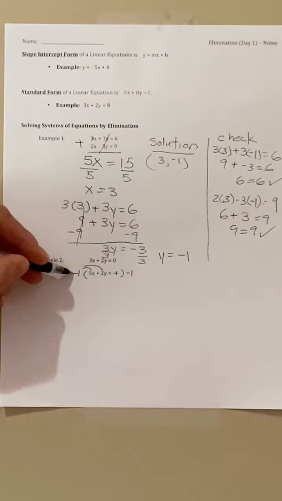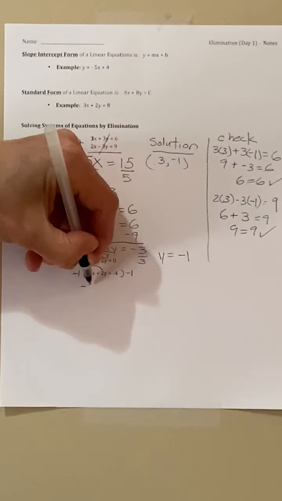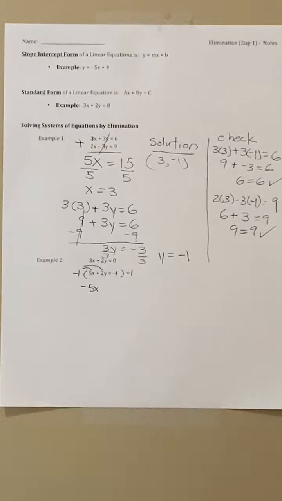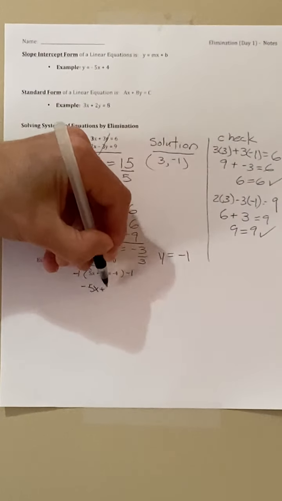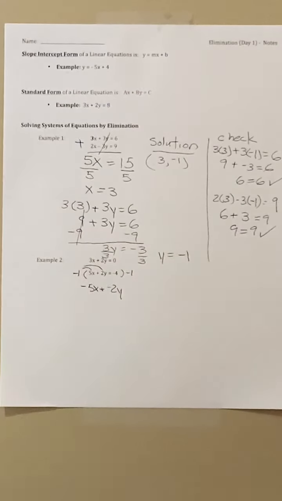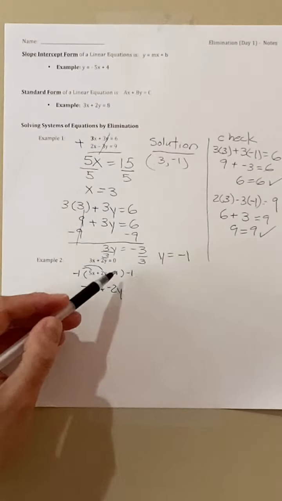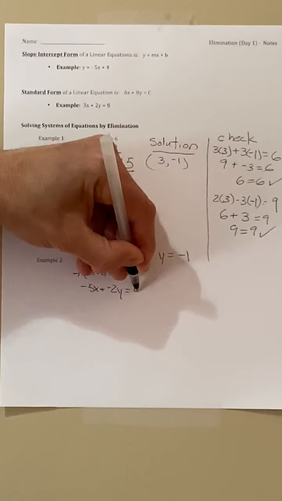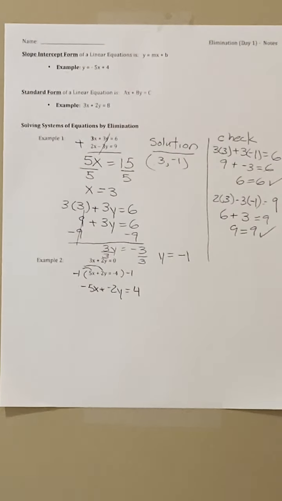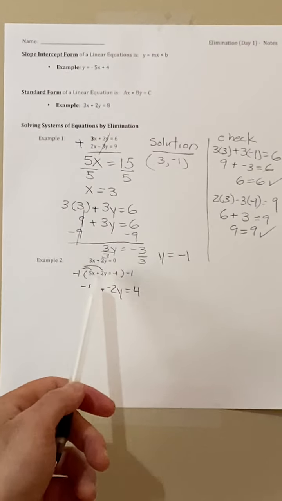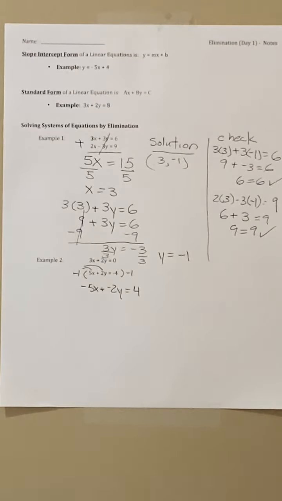So negative 1 times 5x becomes negative 5x. Negative 1 times 2y is negative 2y. And on the other side, remember I have to multiply both sides of this equation to keep it true. Negative 4 times negative 1 gives me 4. So by multiplying through by negative 1, this equation now became negative 5x plus negative 2y equals positive 4.